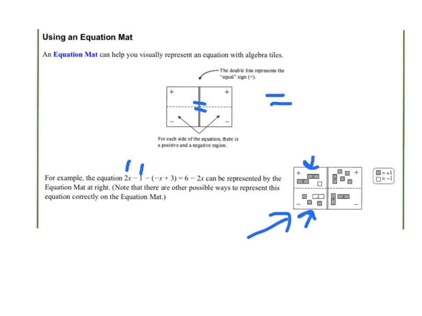And that is going to equal 6, so here you have 6 1s on the plus side of the mat on the right, minus 2x. So on the minus side you have 2 x's. Now there are other possible ways that you can represent this on the equation mat, but this is one way to do it.